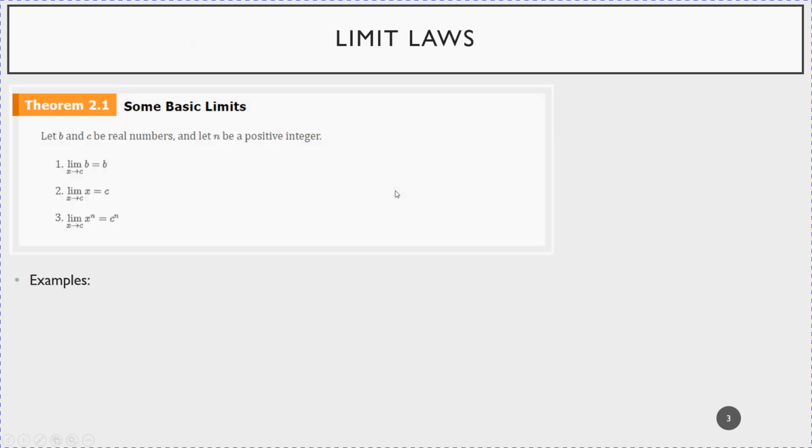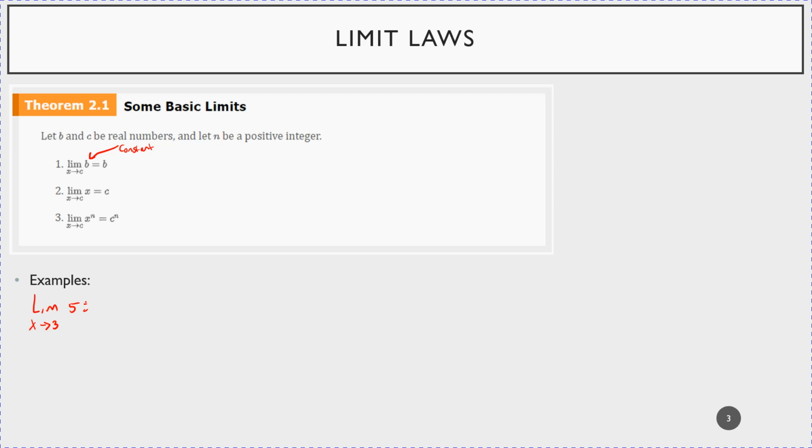Okay, so let's talk about some basic limit laws. First off, if b and c are real numbers, and let n be a positive integer, we have the following. The limit as x goes to c of a real number b, think of this as a constant, is just the constant. For example, what is the limit as x goes to 3 of the number 5?